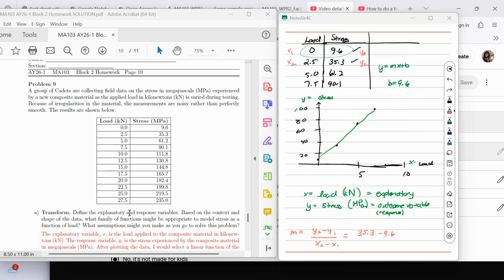There's my y2 minus y1 and my x2 minus x1. And then that turns out to be, let's see, parenthesis, this guy, 35.3 minus 9.6.